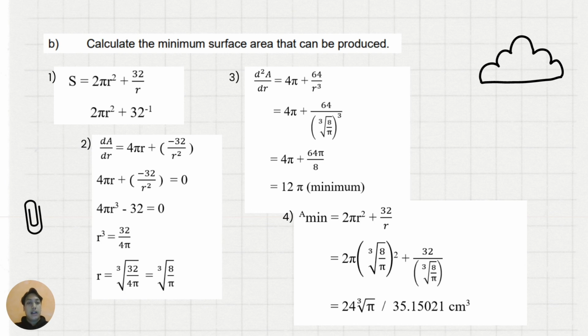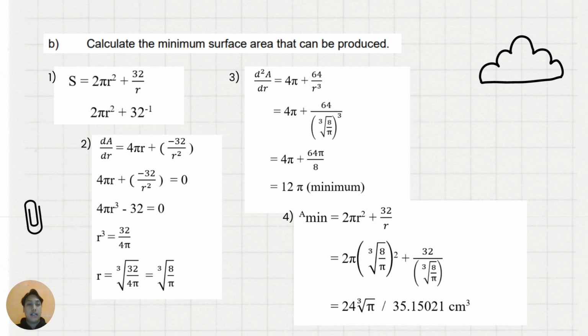The third step, we must do the second derivative, which equals 4 pi plus 64 over r cubed.